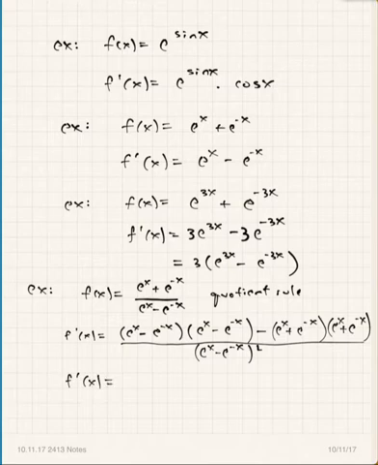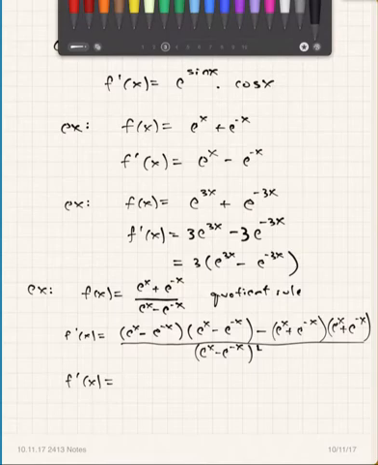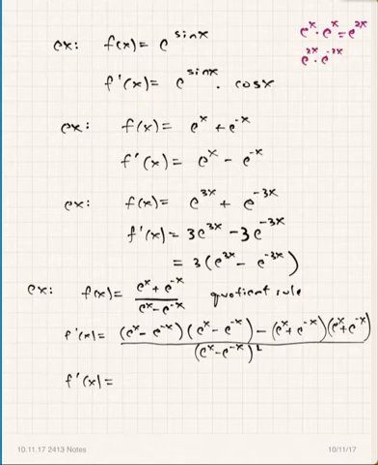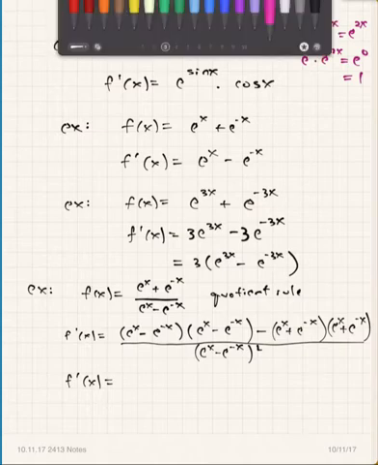So now remember, e to the x times e to the x, well, remember how you do that. You just add the exponents, so that's e to the 2x. If you have e to the 2x times e to the negative 2x, notice if you add the exponents, you get e to the 0, which is 1. So keep those things in mind when you're multiplying this out.